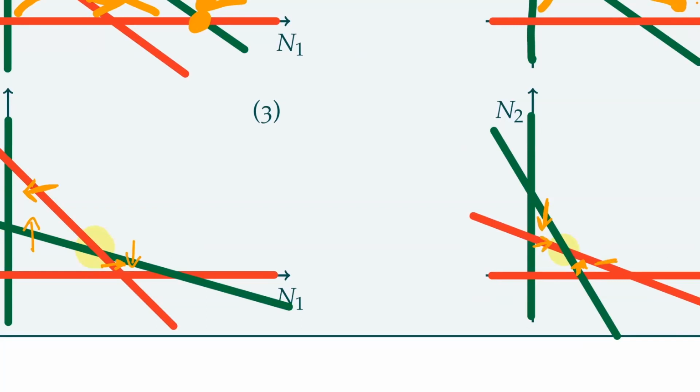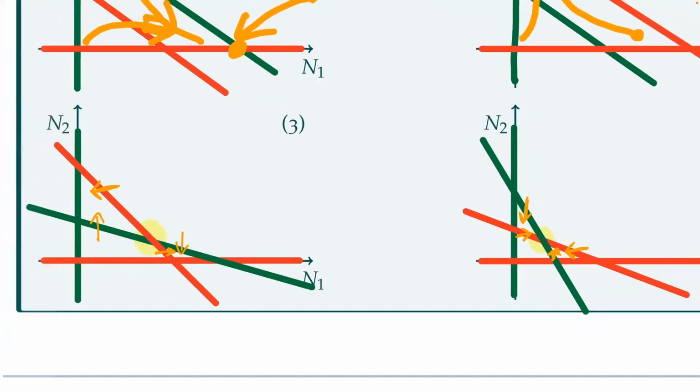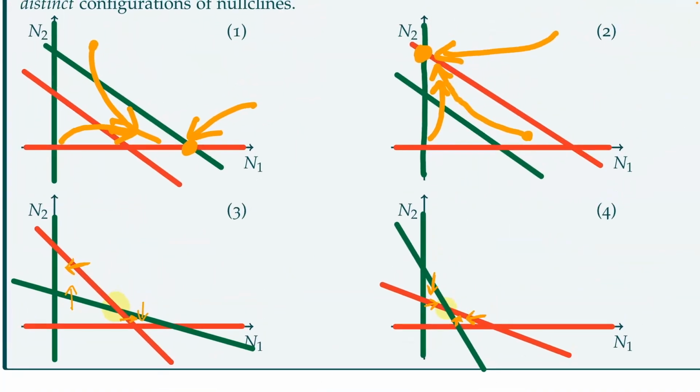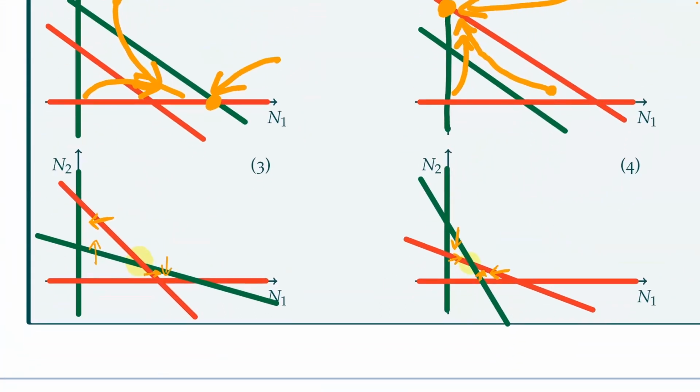And we move left when our red null line is above the green null line. Okay, so the directions on those null lines only depend on the relative positions of the green and the red ones, okay? So in some sense, you don't have to work these out each time. As soon as you know the orientation of those directions relative to the red and the green ones, we can just draw the arrows on.